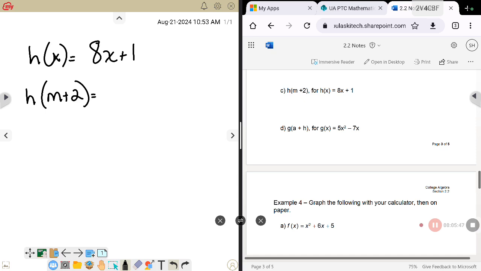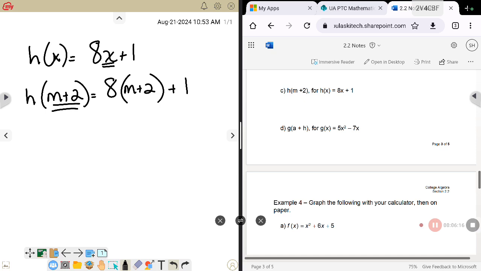I am replacing the x in this function with what is in the parentheses. What is in the parentheses is what you are inputting into this machine. So I have 8, replace the x with the new input, which is m plus 2, bring down the plus 1.